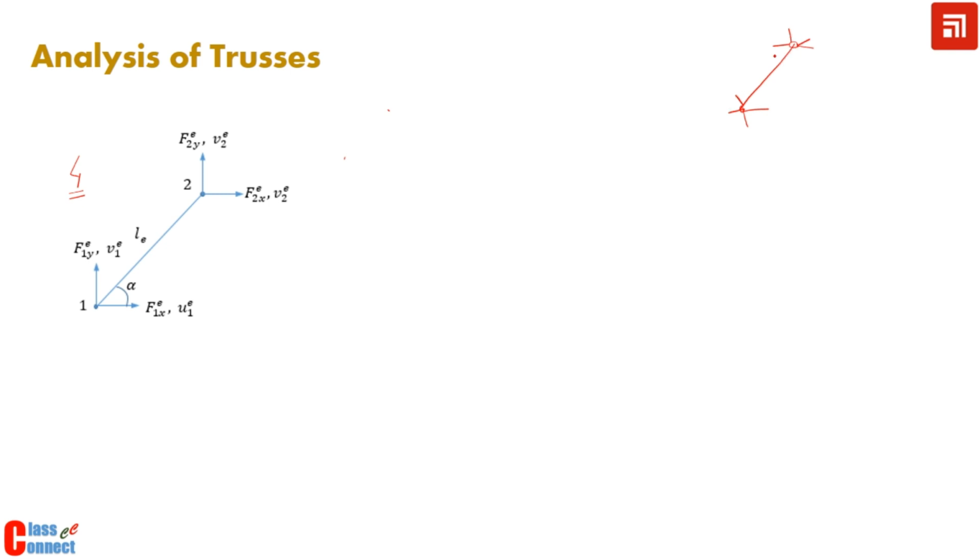For the element to be in equilibrium, the resultant of these systems of force should act along the axis of the member. That is the concept we will use for the element equation of the truss element.